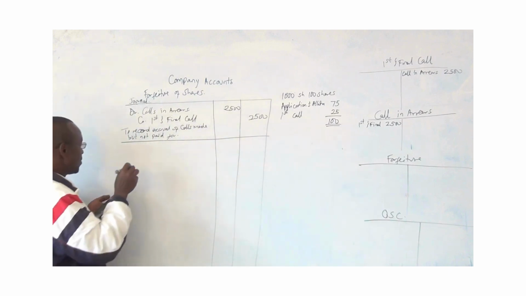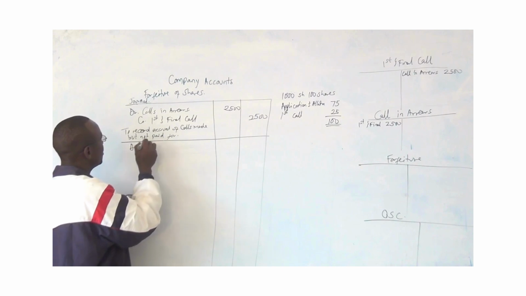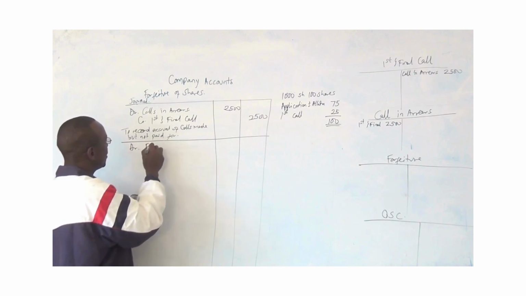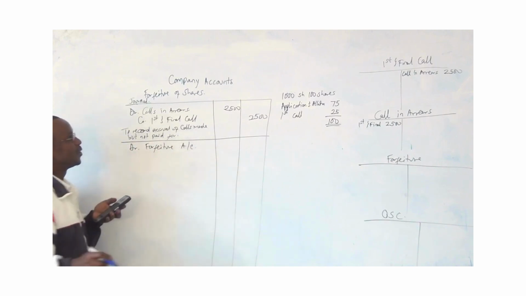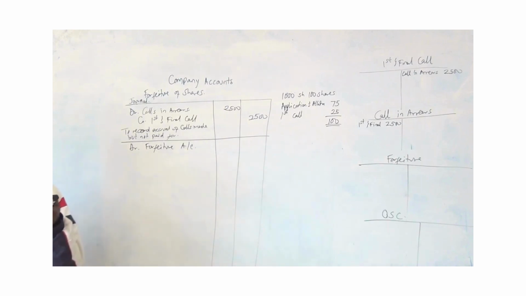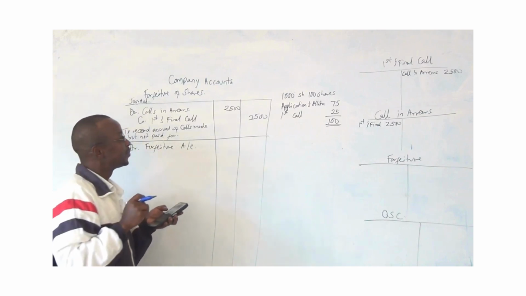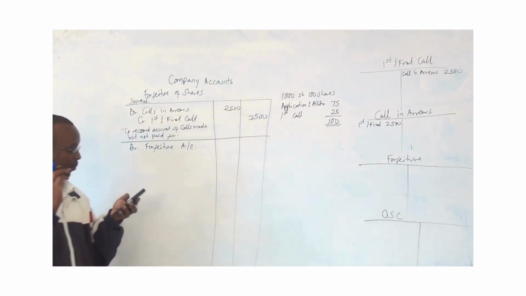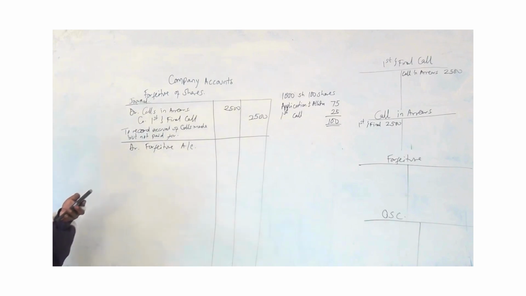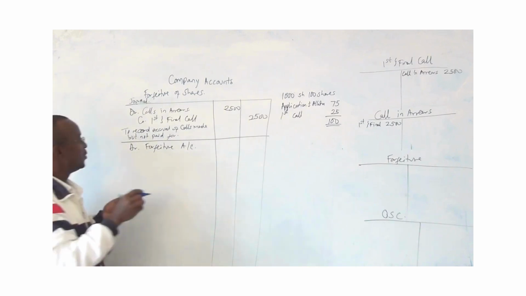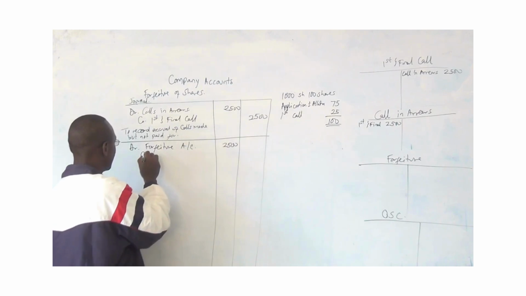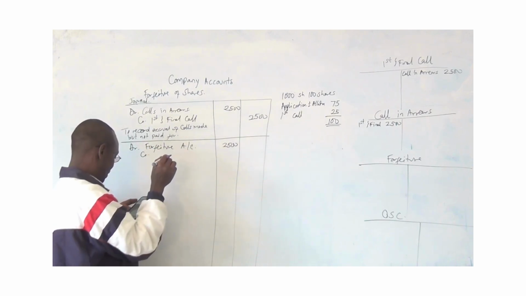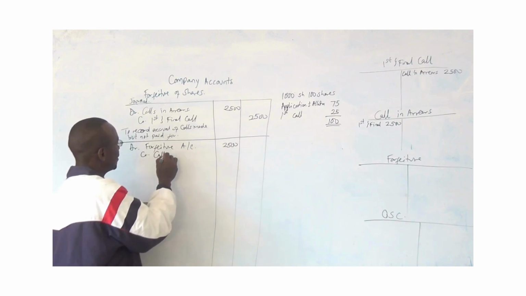Then the next step, these shares are forfeited. When the call became due and the shares have been forfeited, you debit the forfeiture account and credit calls in arrears.